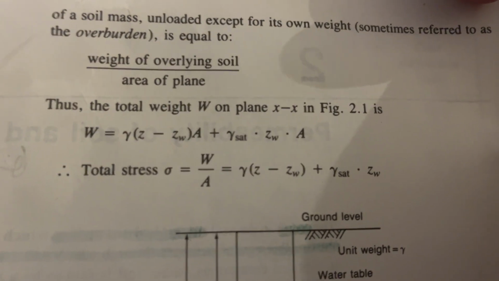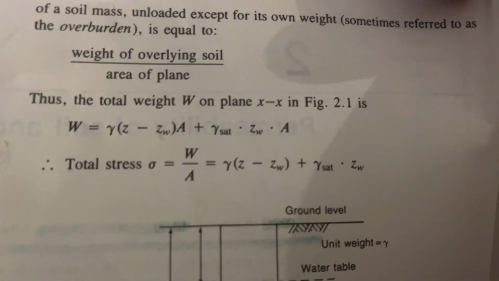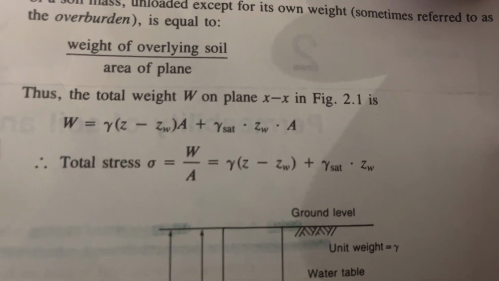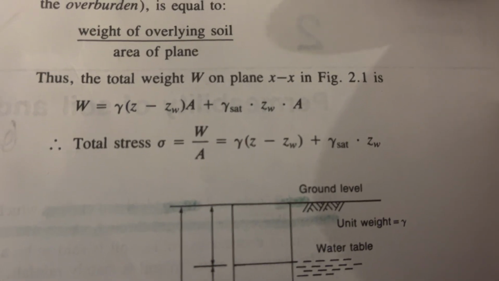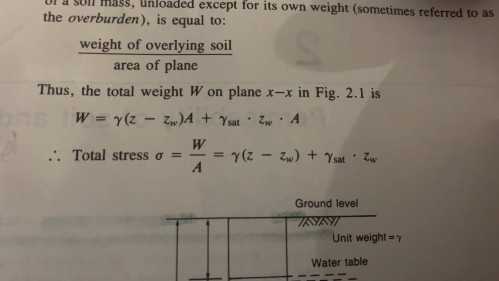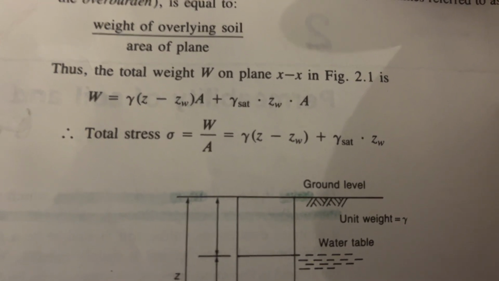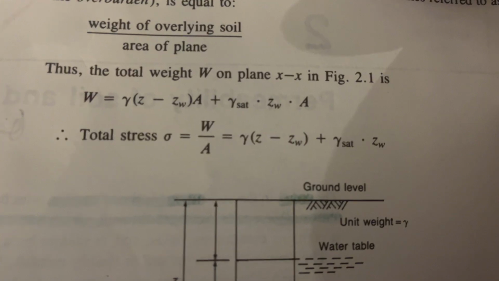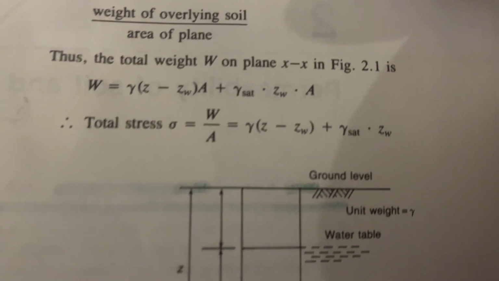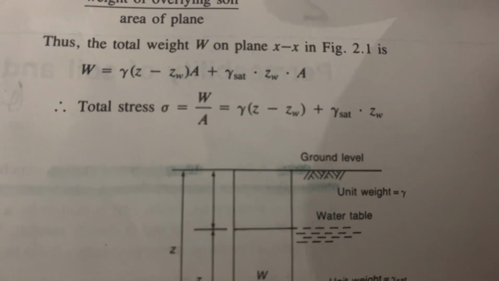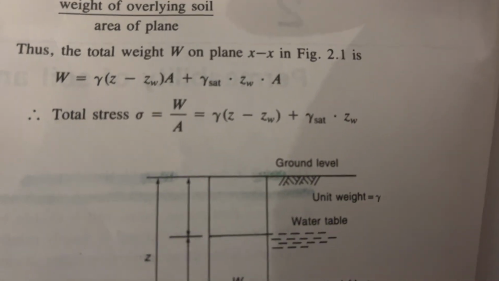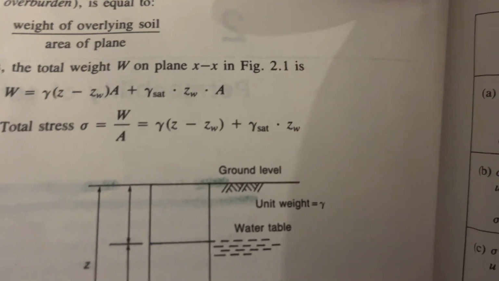Thus, the total weight W on plane XX in figure 2.1 is W equals gamma (Z minus ZW) A plus gamma sat ZW A. Therefore, total stress sigma equals W over A equals gamma (Z minus ZW) plus gamma sat times ZW.